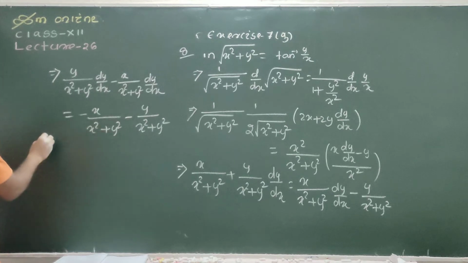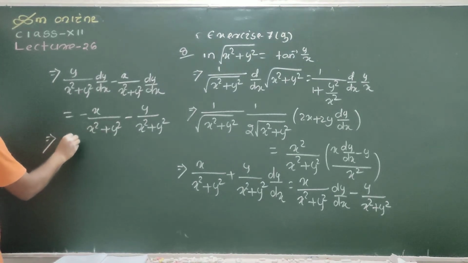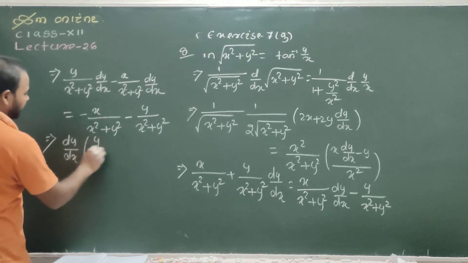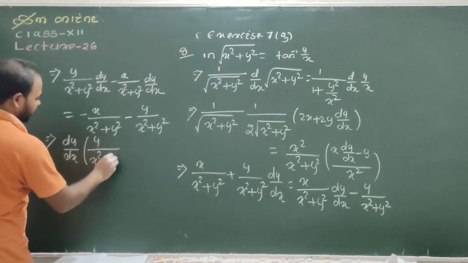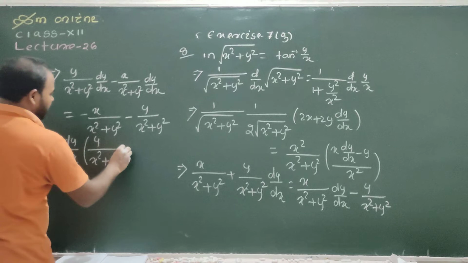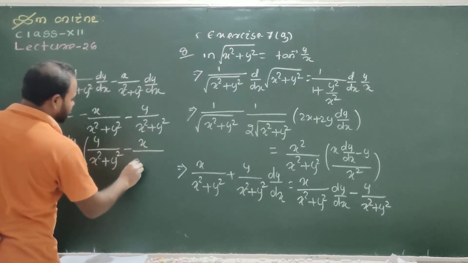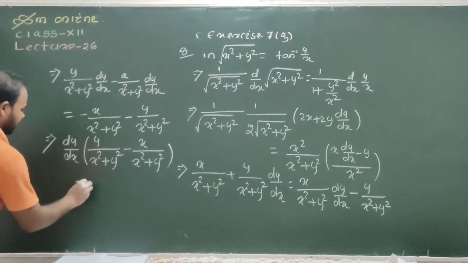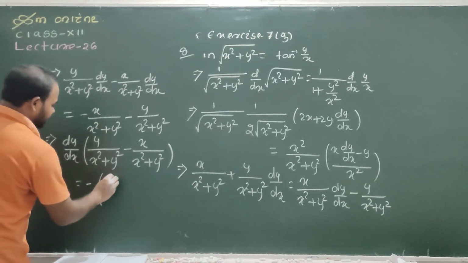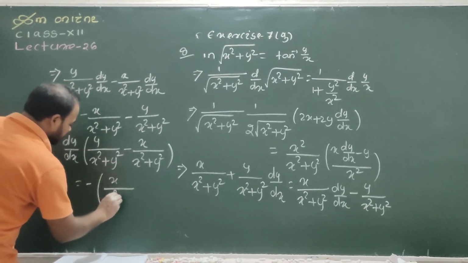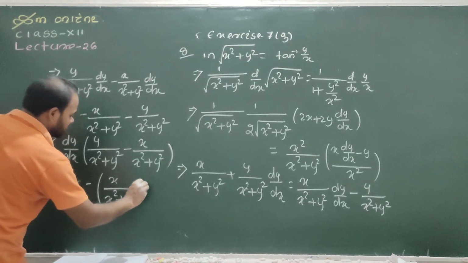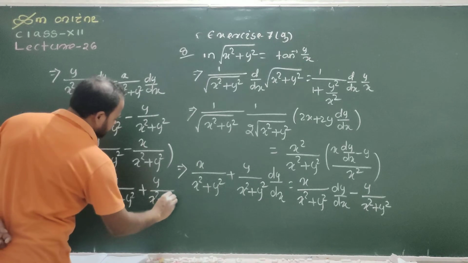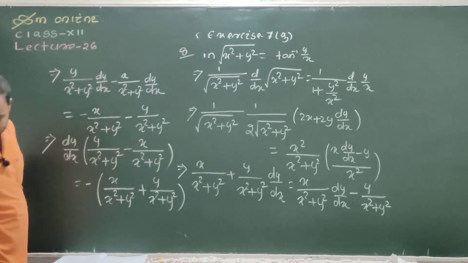This implies that dy by dx, taking common, is y upon x square plus y square minus x upon x square plus y square, and taking minus as common on the right, it is x upon x square plus y square plus y upon x square plus y square.